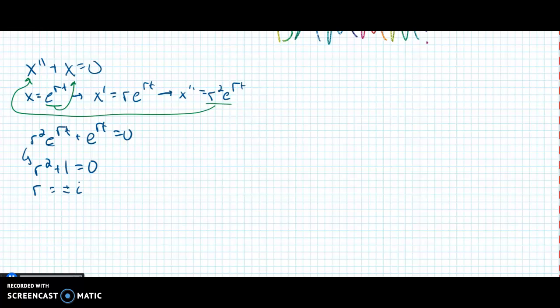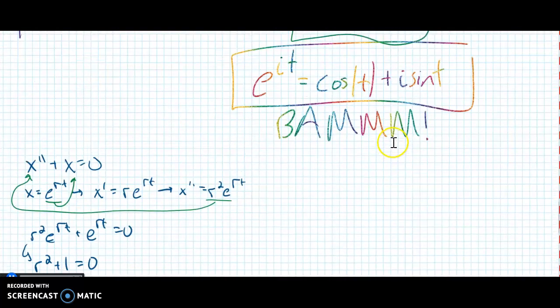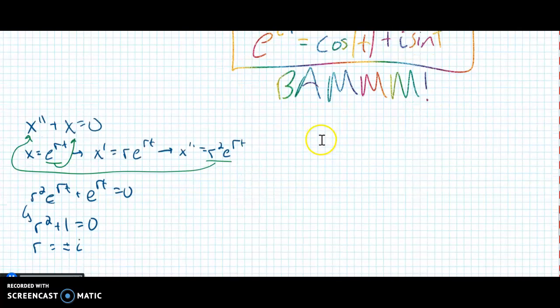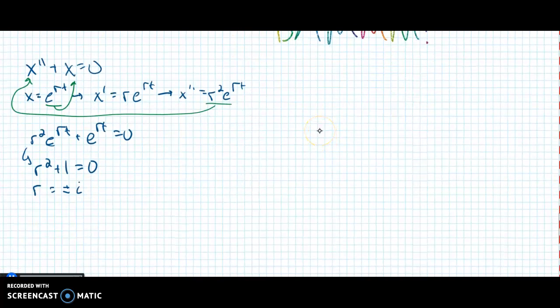So the first thing I'm going to do is use Euler's formula, which is this right here. So notice that has e to the it. So, well, I guess what I mean is that I'm going to plug this in the way I would normally plug in a solution to one of these characteristic equations. X is, and I'm actually going to say A1, not C1. Try and not mess that up. And you'll see why at the end.